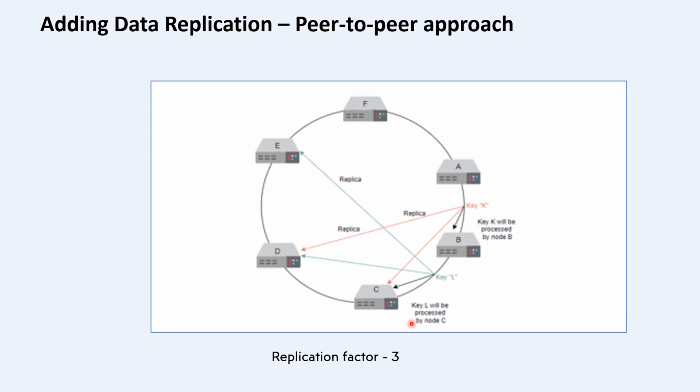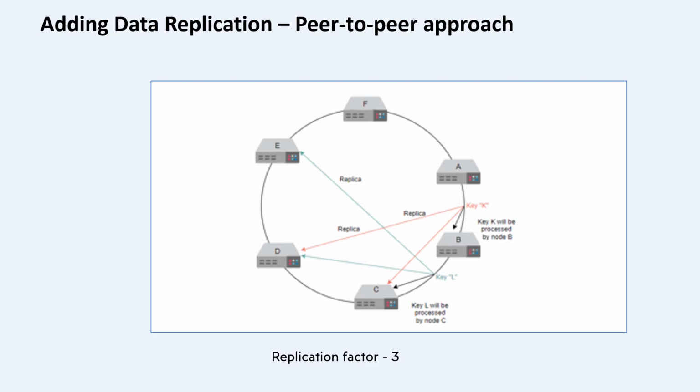So basically what we do, we define the replication factor, that is, data will be replicated in how many servers, and then for those keys, it also syncs up with another node. For example, we see here in the node C. Node C is possessing the key L and also propagating it to node D and node E. So that's how we are doing replication, so that we build a system which is highly available.